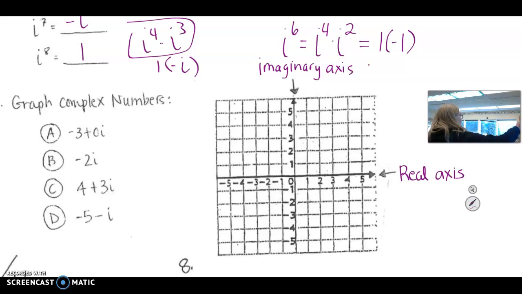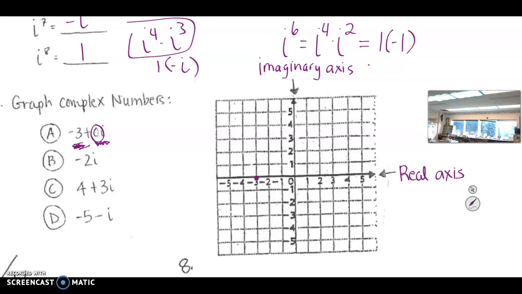So when you're graphing this, you can almost think of it as an ordered pair. You're going to go in the horizontal direction by the real part, and in the vertical direction, normally the y direction, by this amount. So you're going to go to -3 on the real axis and 0 up or down on the imaginary axis.